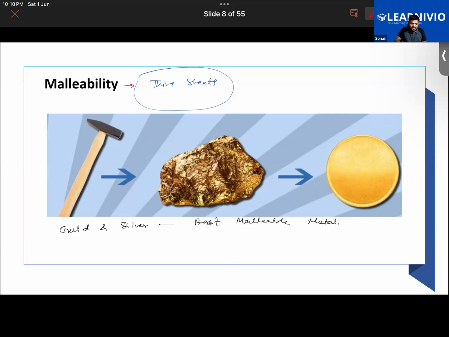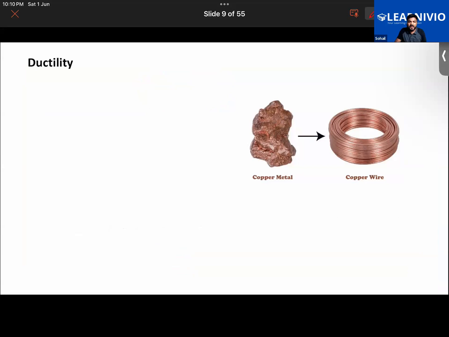He can make an axe, a spade, or a shovel. While non-metals are not malleable. They cannot be beaten into thin sheets with a hammer. They will simply break into pieces upon beating with a hammer.